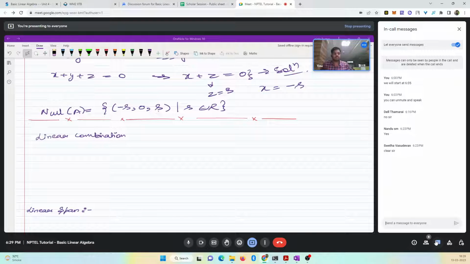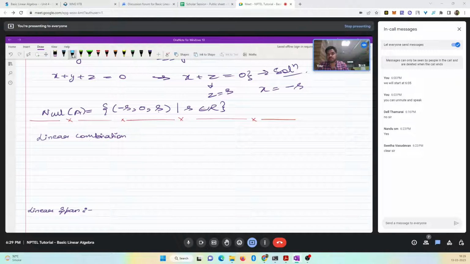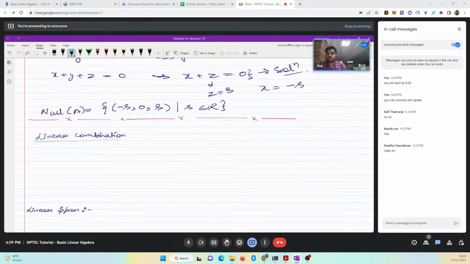Okay. This is something you already did in the first week, sort of a repetition for you. Now I'll try to cover something that is new for you, so that these sessions are also fruitful. This is called linear combination.